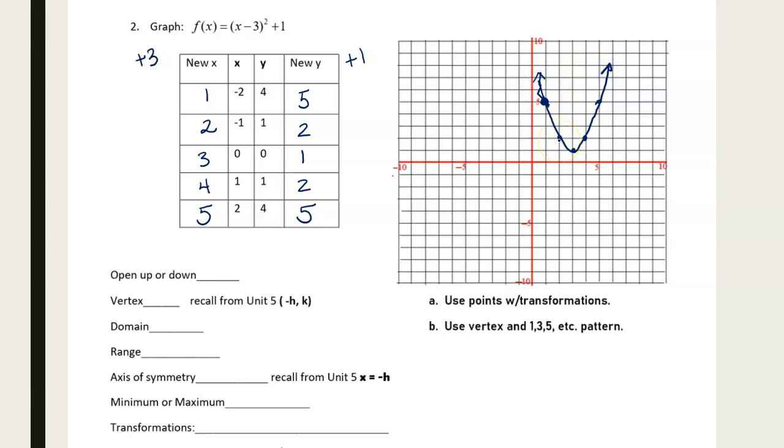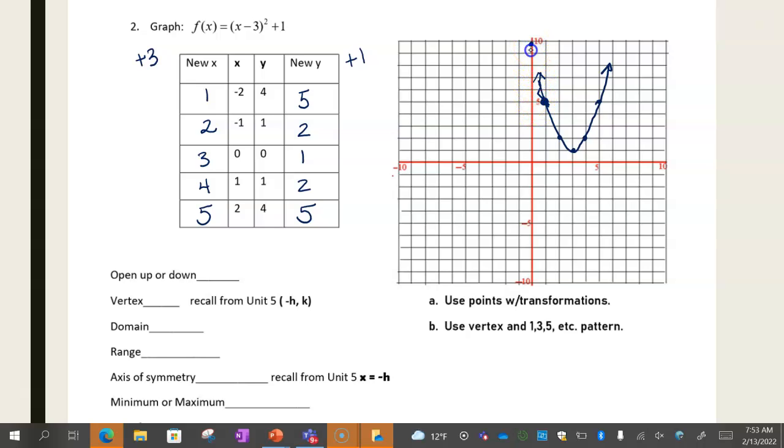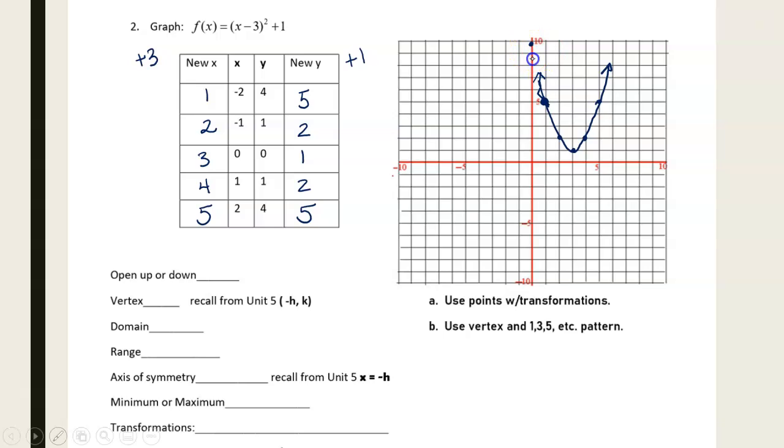So if we're looking to get the y-intercept, we can continue our 1, 3, 5 pattern. So here's over 1, up 1, over 1, up 3, over 1, up 5. 1, 2, 3, 4, 5. That's how you can find your y-intercept if you need to.